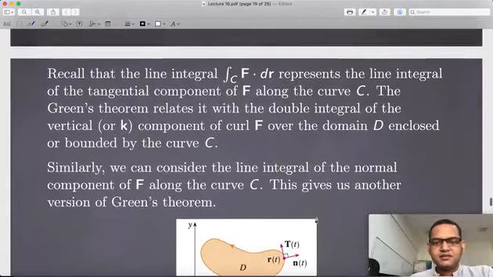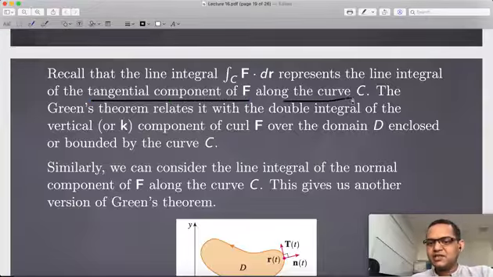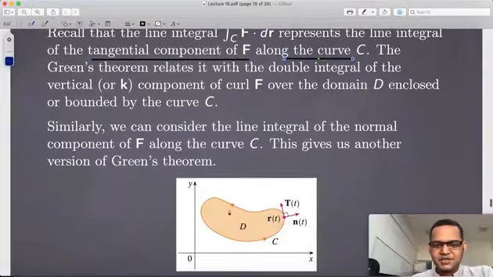So this is recalling the statements which we have already discussed. This line integral is basically the integral of the tangential component of f along the curve C, correct? There's a picture also here. This is your curve with positive orientation, and at each point you think of a tangent. So the tangent is going to move like this.